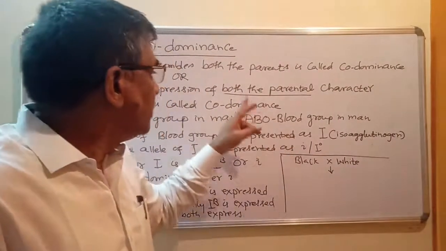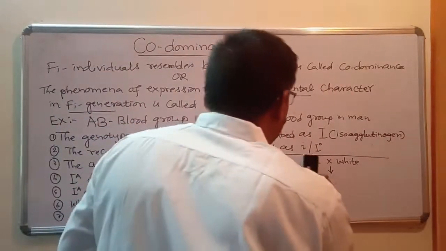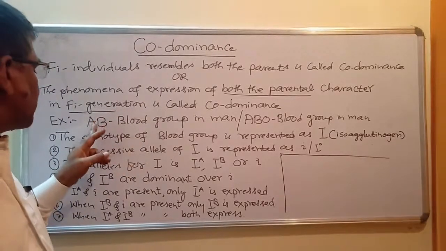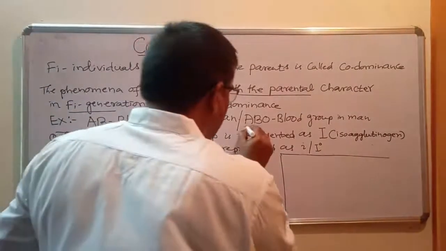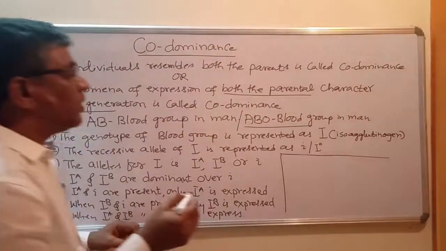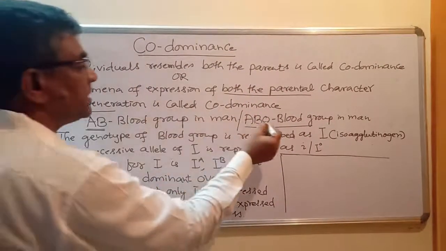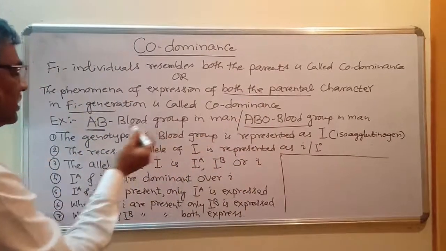This example is not in the textbook, so we need not worry about it. As per our text, the example for codominance is the ABO blood group, but among the ABO blood groups only the AB blood group is codominant. But it is written in the text, this example is in the textbook, therefore I have written both.